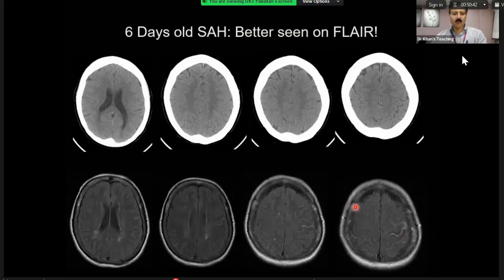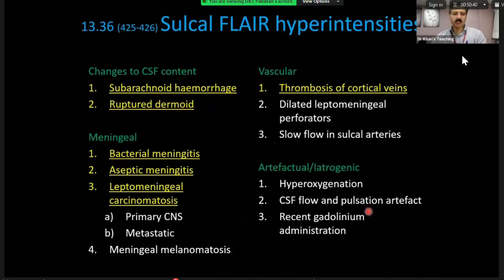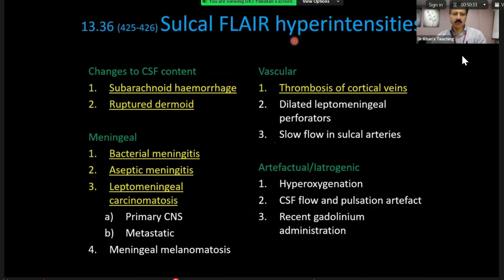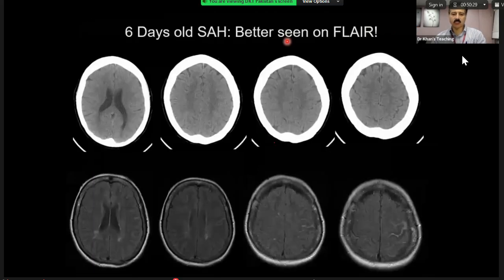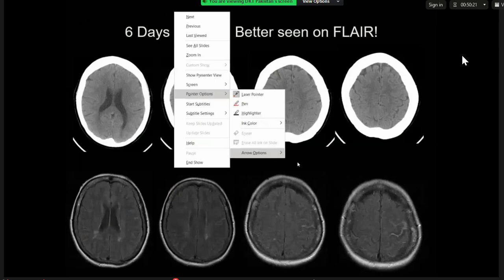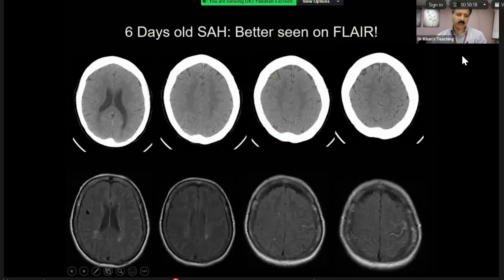Right. Okay, so the point is that this is from your Chapman, sulcal FLAIR hyperintensity. Hyperintensity means, on a FLAIR sequence, please remember that the CSF has to be black, and then you get this high signal.